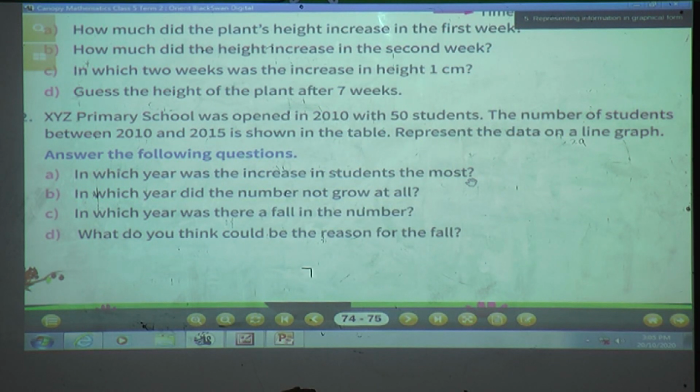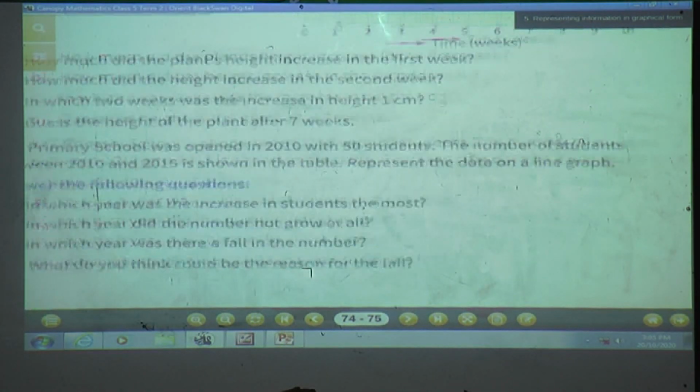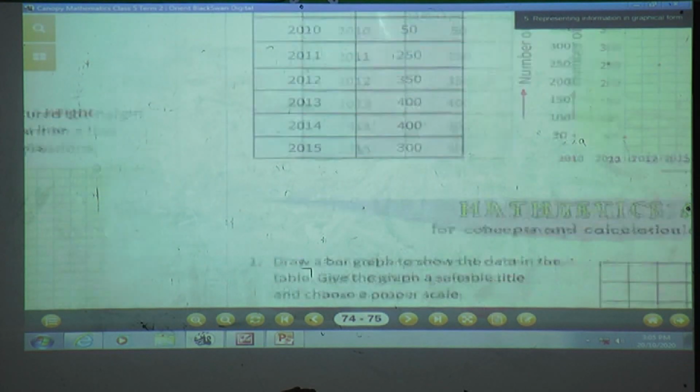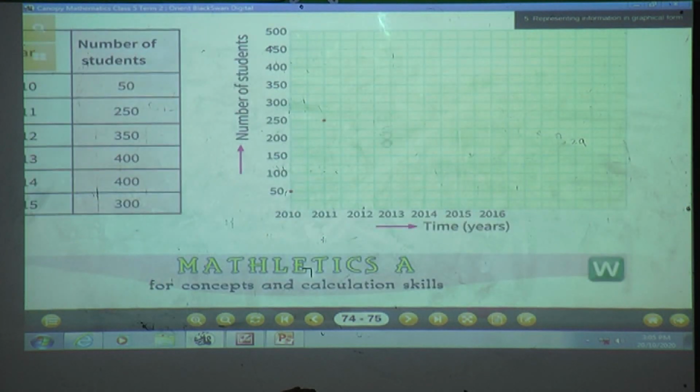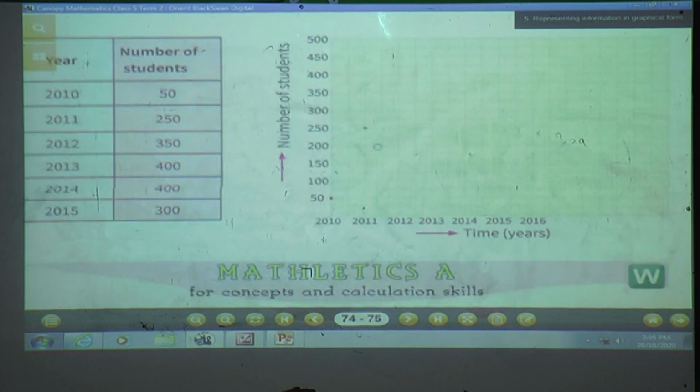So just draw the line graph here. So for that we'll see the information they have given us here. On page number 75 they have given information also and the line graph also. See, graph page. Here is a column, year, number of students, and here is a graph page.